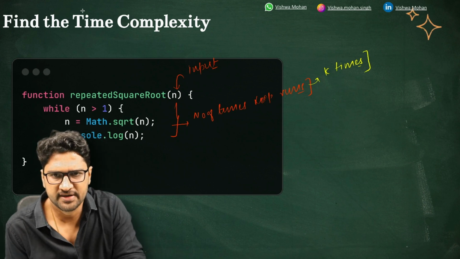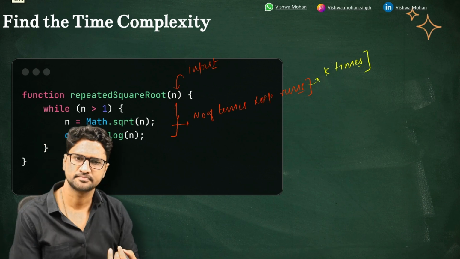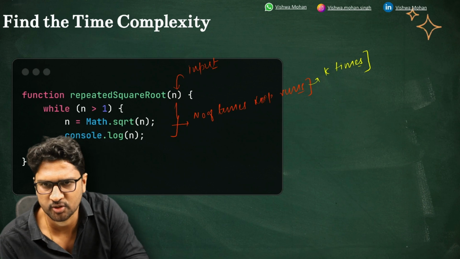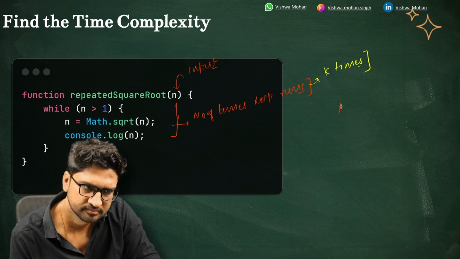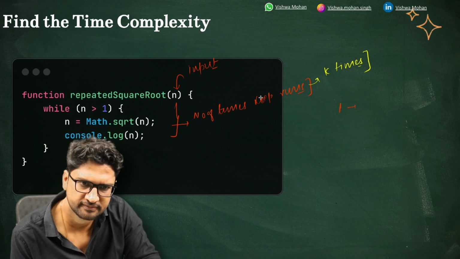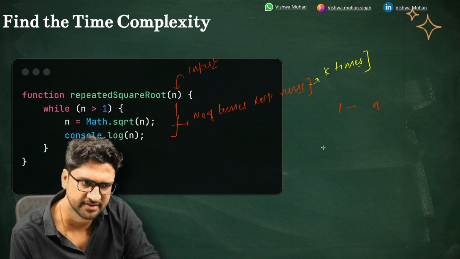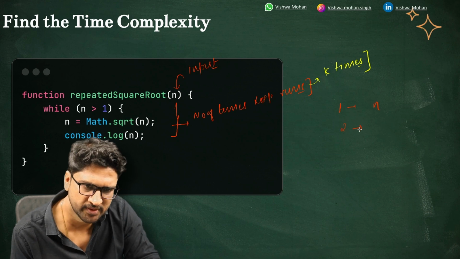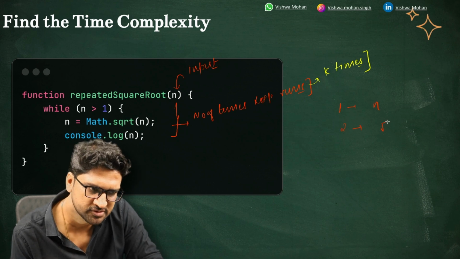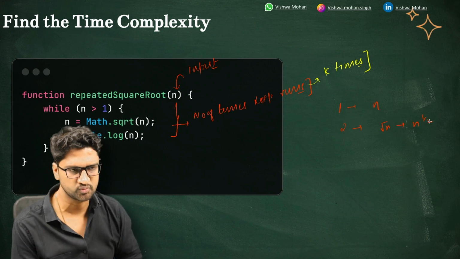Fair? First time when the loop runs, the value of the input is equal to n. Second time when the loop runs, this becomes equal to square root of n, which means that it becomes n to the power 1/2.